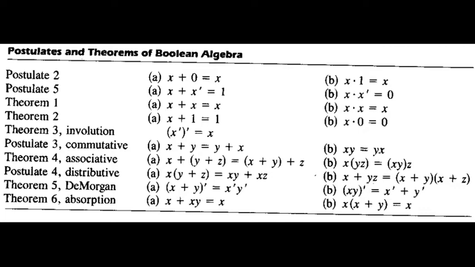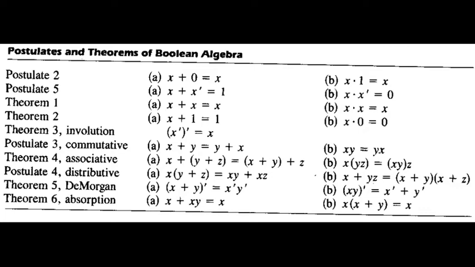So if you are assuming x is equal to 0, this expression x plus 0 is equal to x is valid. Again, if we consider x is equal to 1, then in that case 1 plus 0 is equal to 1. So in that assumption also, x plus 0 is equal to x is valid.